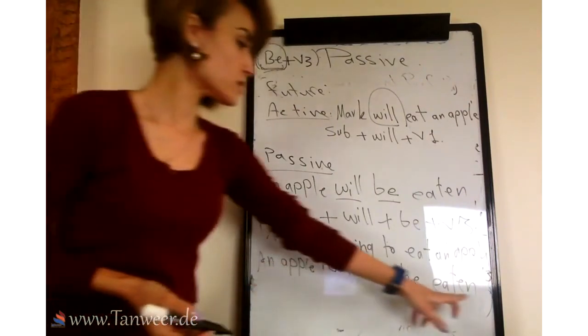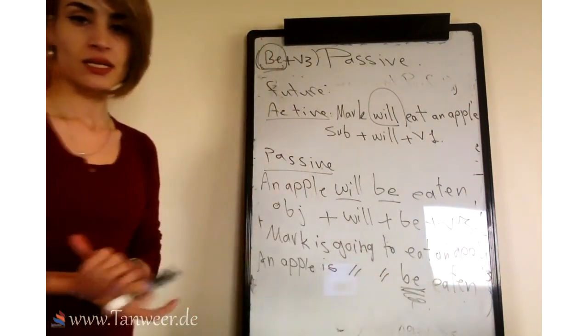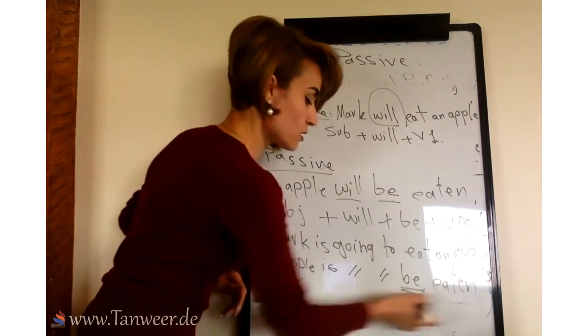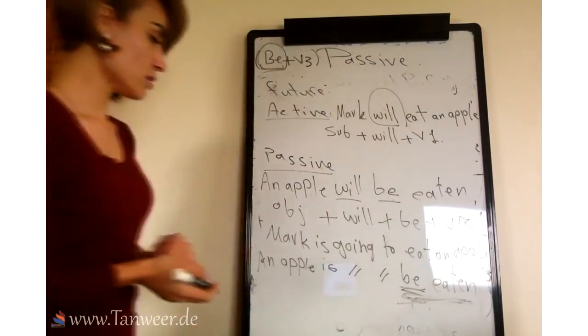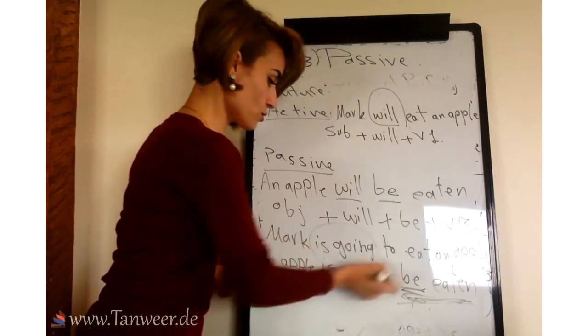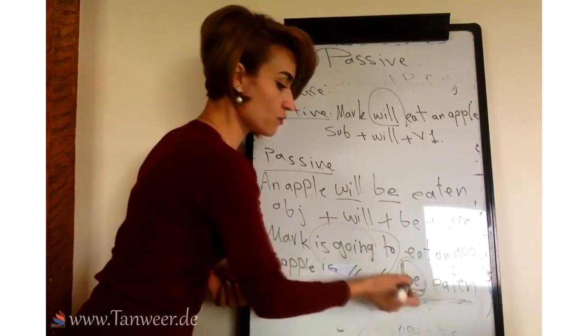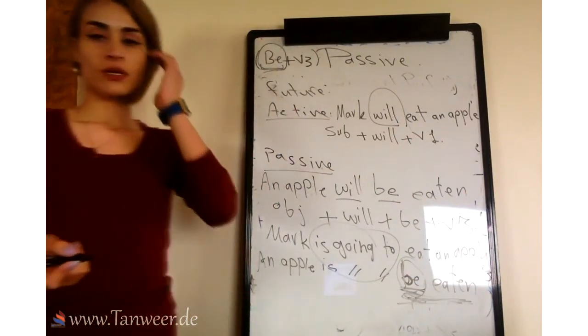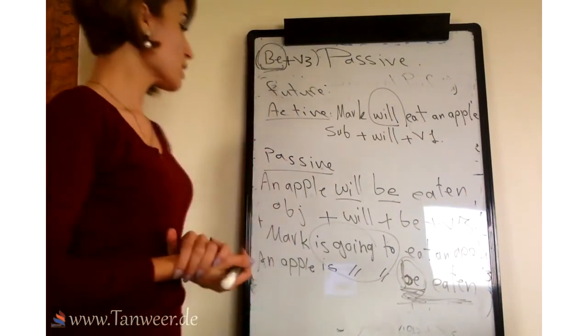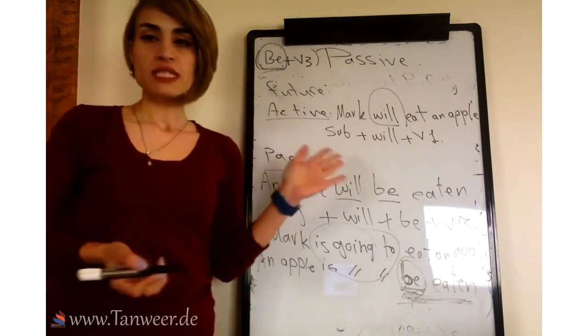Is going to be eaten by Mark. Okay? This one, I think it's easy because after going to, I need verb to be in its base form or infinitive form. Okay, guys? Good.